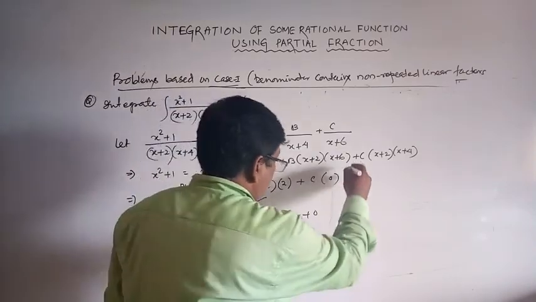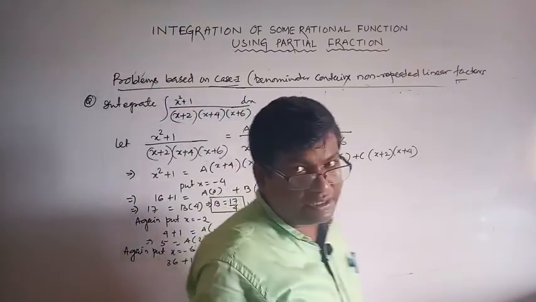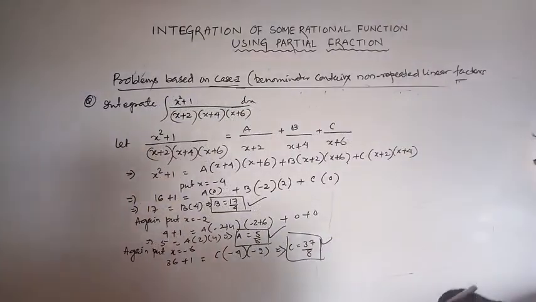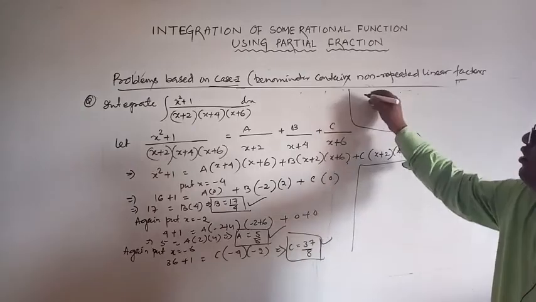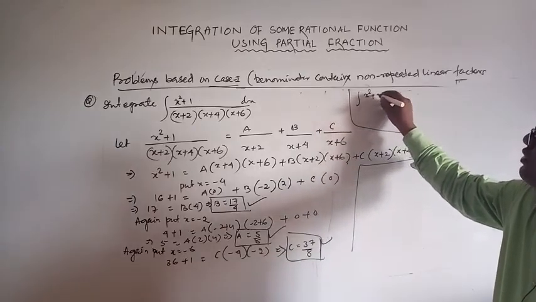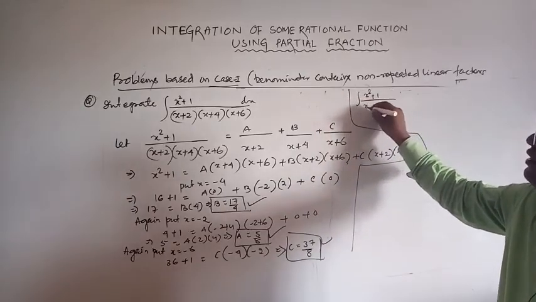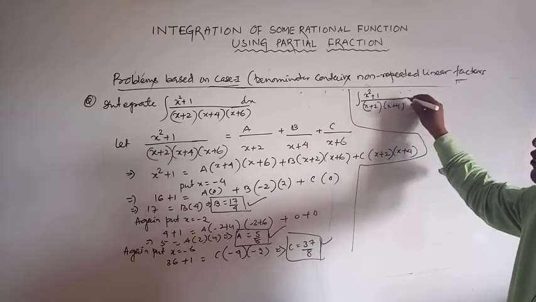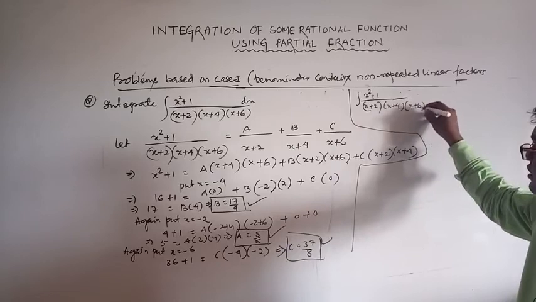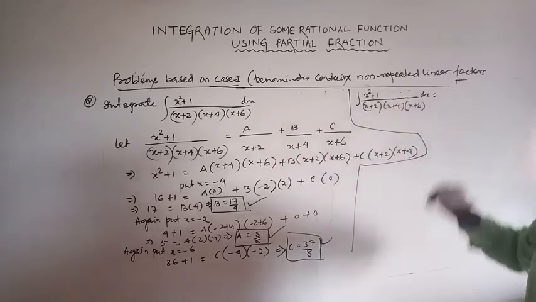So now the integration of (x square plus 1) divided by (x plus 2)(x plus 4)(x plus 6) dx is equal to what?